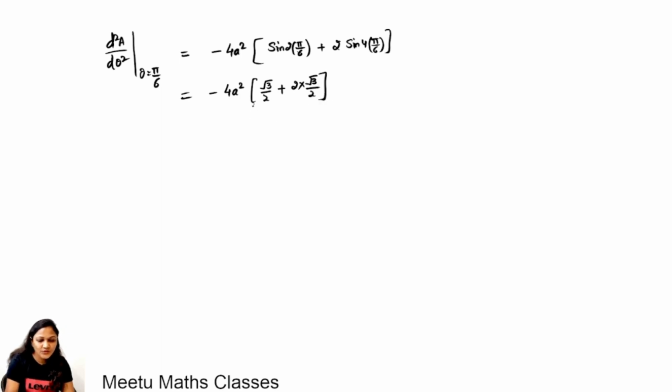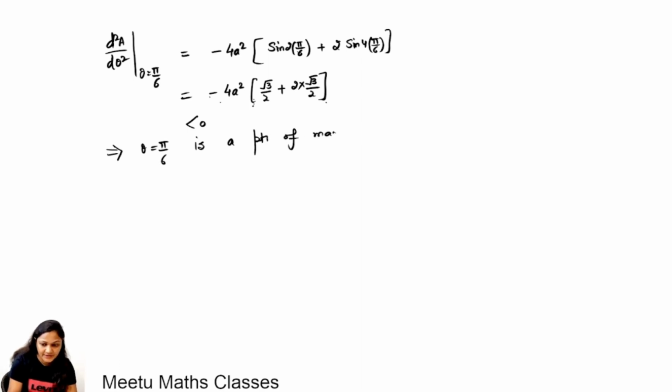So this quantity is positive. So finally this will be negative, and your second derivative at this point is negative, which implies that theta equal to pi by 6 is a point of maxima.